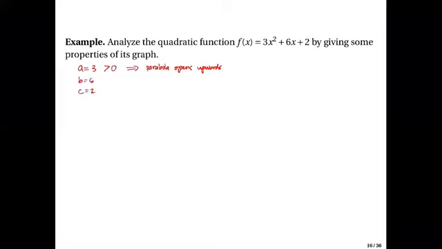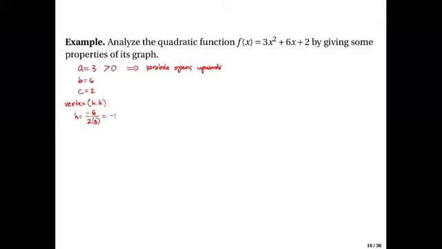Okay? And then we look for the vertex. So we have to solve for h and k. h will be negative b, so that's negative 6 over 2a, 2 times 3.